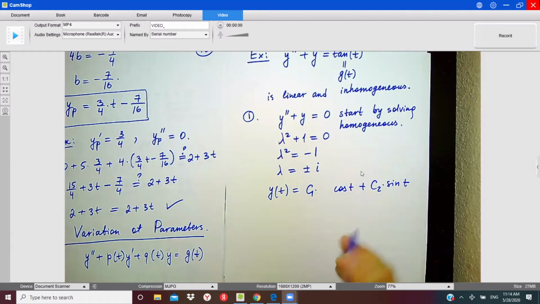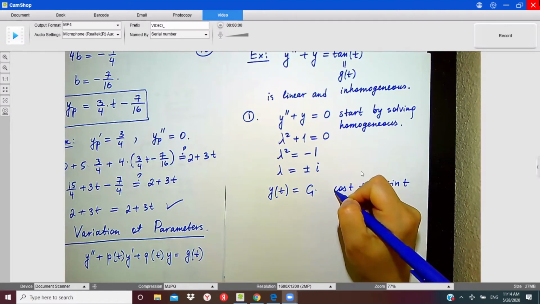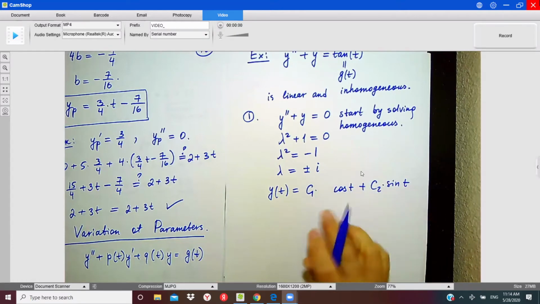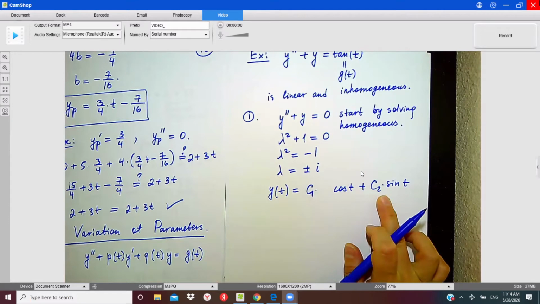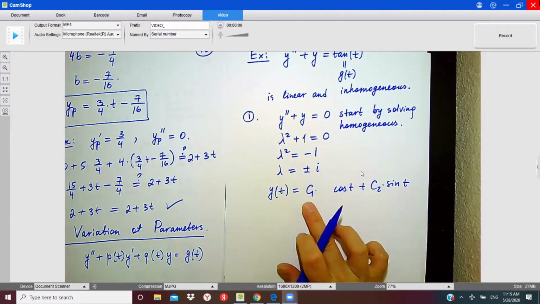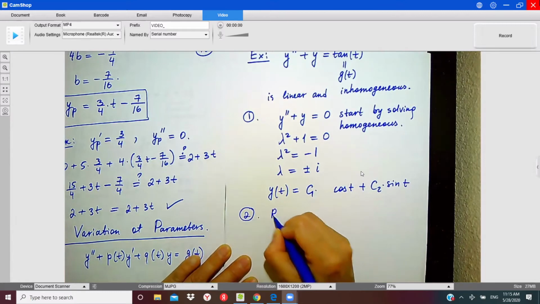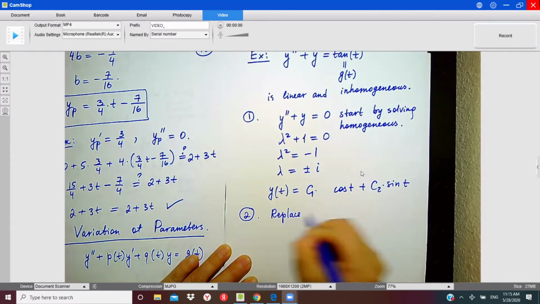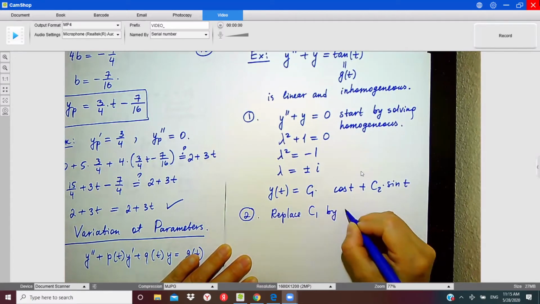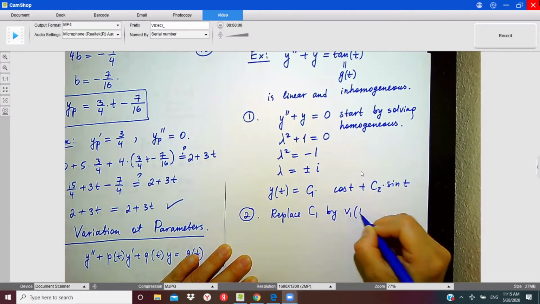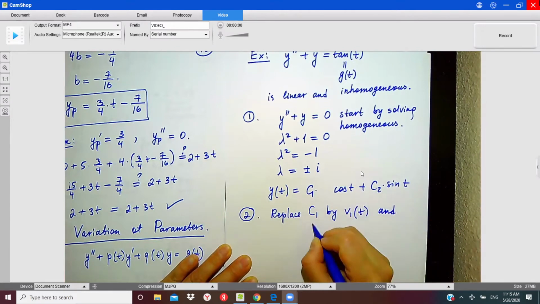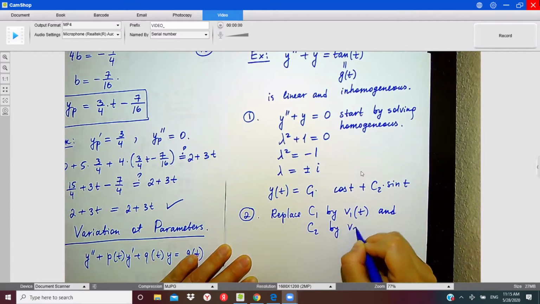All right, so the next step is to replace these two constants, C sub 1 and C sub 2, by functions of t. This is step number 2. Replace C sub 1 by, let's call it v sub 1 of t, and C sub 2 by v sub 2 of t.